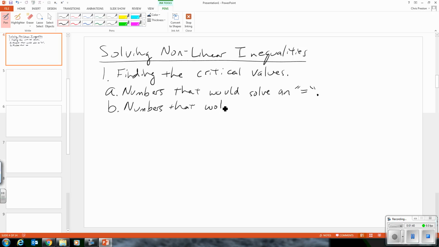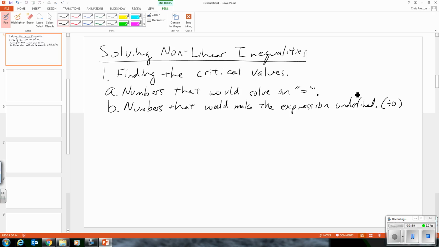that would make the expression undefined. And we use that phrase undefined in a very restricted way. What we're talking about is dividing by zero.